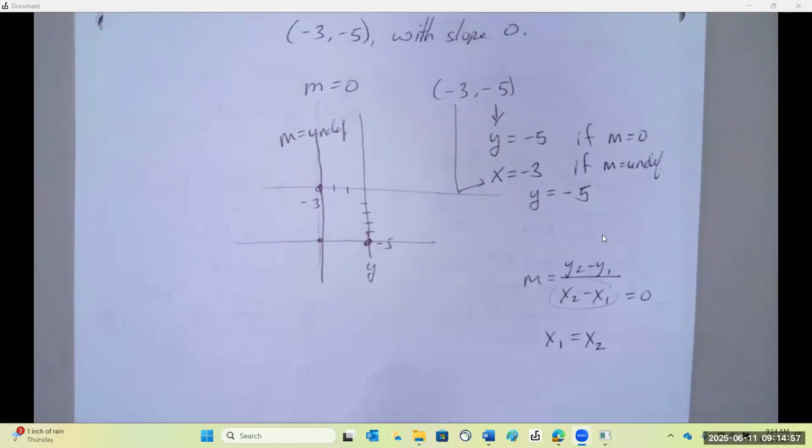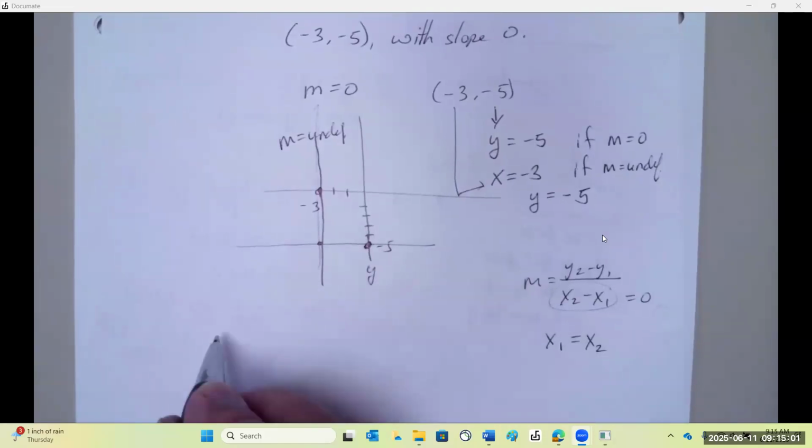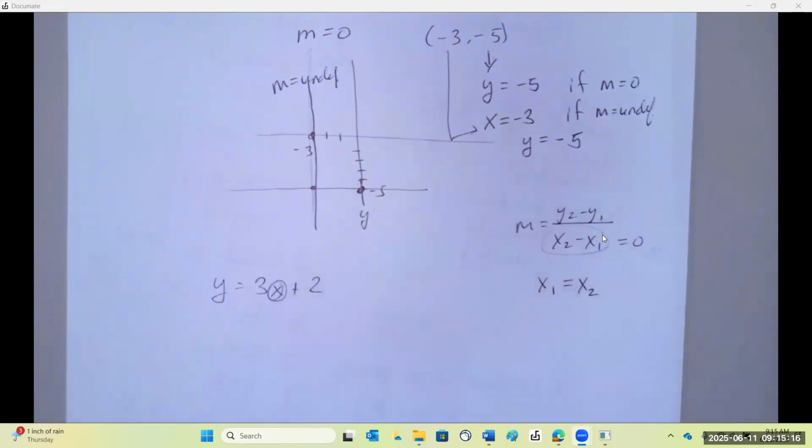But think about it. If it's a horizontal line, in this equation, can we have an x-intercept? Yes, because there's an x value there. If you have the variable in there, you can cross that line.